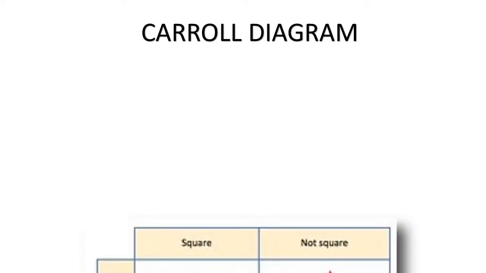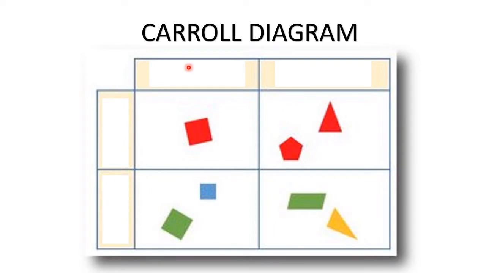Now, take a look at this Carroll diagram. We have 2 columns and 2 rows. Can you think of a rule for the first column? Well, here we have a red square. Here we have a blue square, and this is a green square.